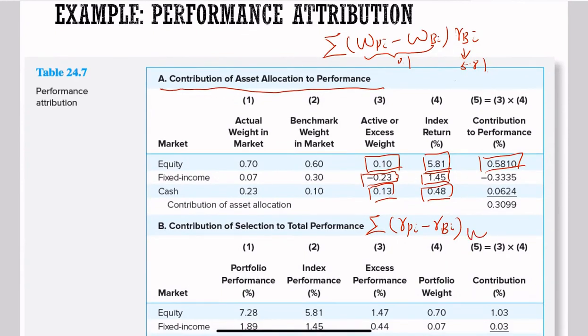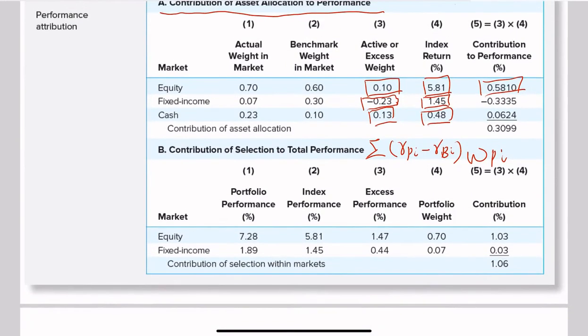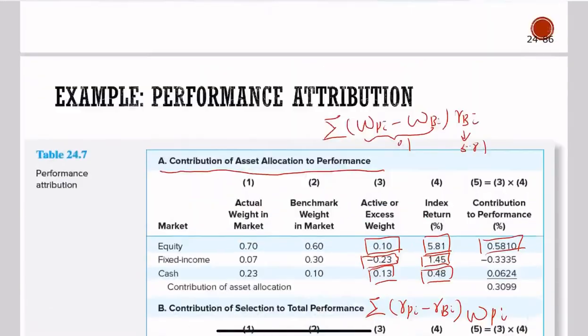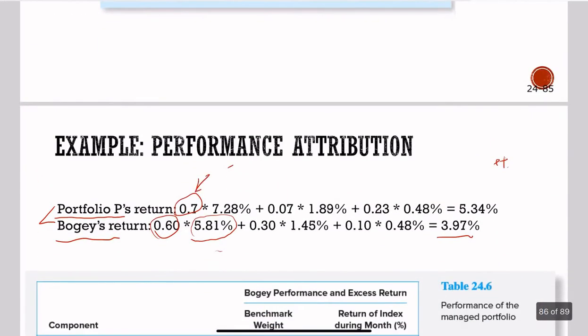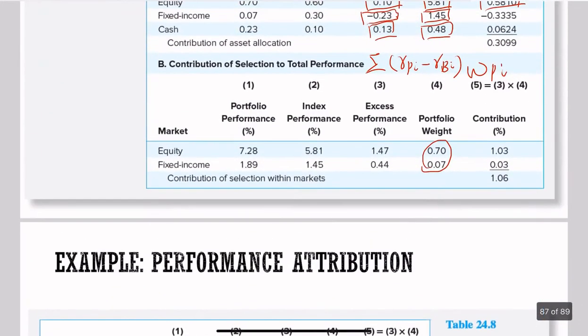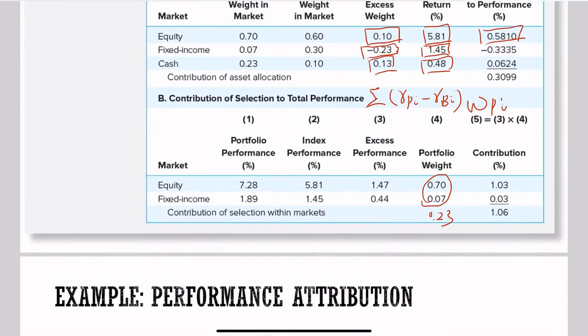And then you will fix the portfolio weight, right? To be more specific, the portfolio weight will be the portfolio weight of portfolio P, not the portfolio weight of the Bogey portfolio. So the portfolio weight for equity is 0.7, for bond it's 0.07, and for cash it's 0.03, right?